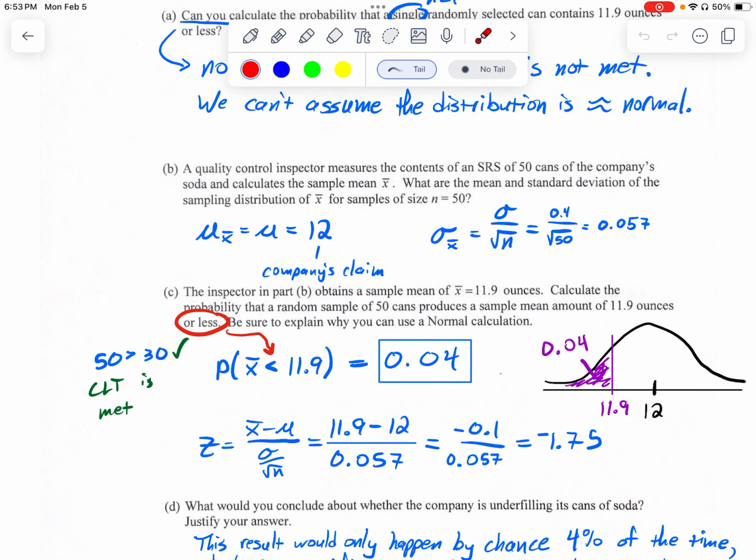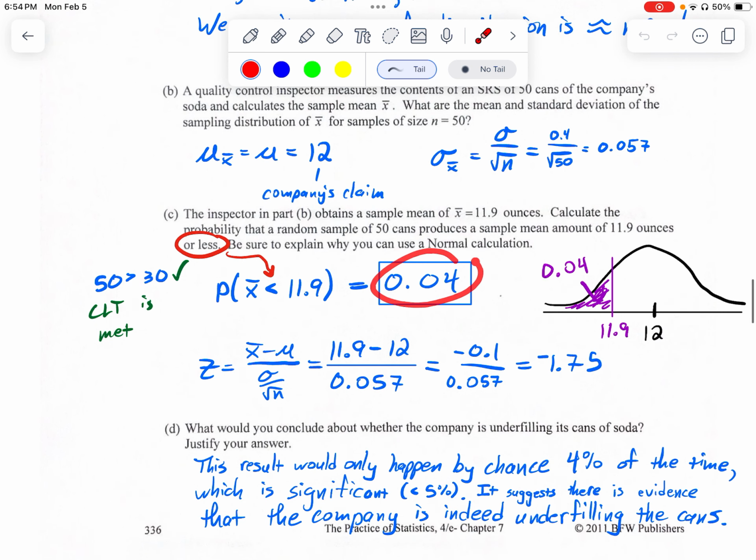They got a sample of 11.9 ounces. That's their x bar for the 50 cans. What's the probability that a random sample of 50 cans has a sample mean of about 11.9 ounces or less? That's why I have drawn my curve and shaded to the less than side. So the probability that the x bar of a sample is less than 11.9 ounces.